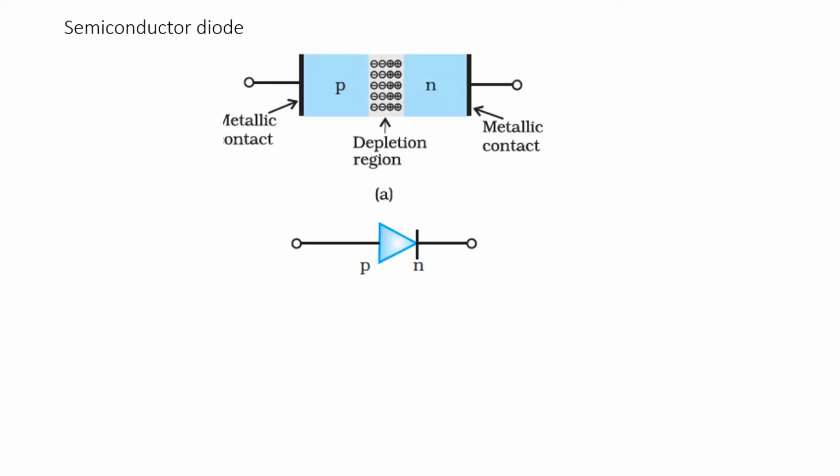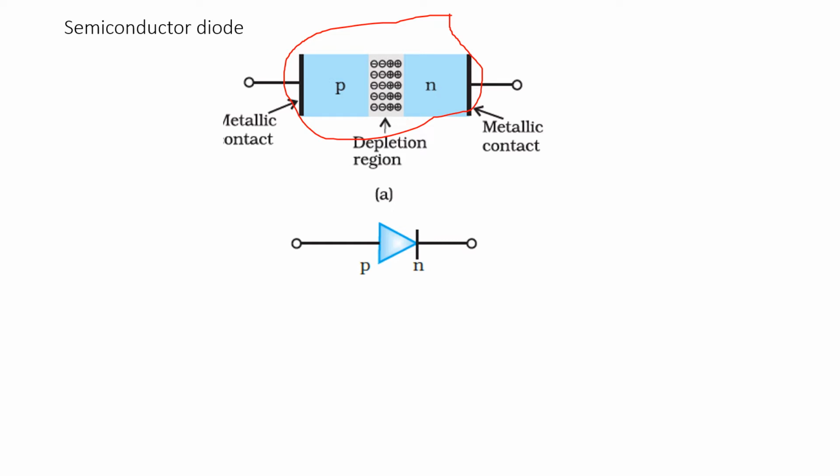Now, having studied the characteristics of movement of minority carriers and majority carriers, let us study the semiconductor diode. In the figure, a p-n junction is shown. This is a p-n junction where two metallic terminals are connected.